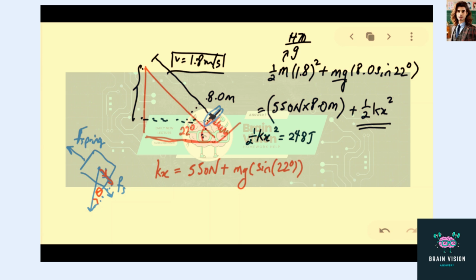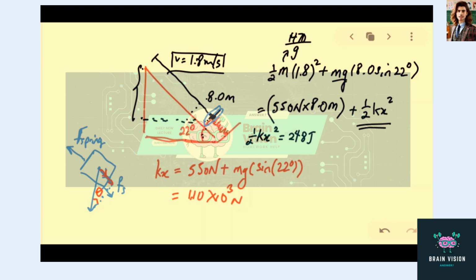Adding both of these together, we should get about 1 times 10 to the power 3, so about 1100 newtons. And now we are actually ready to solve for k.